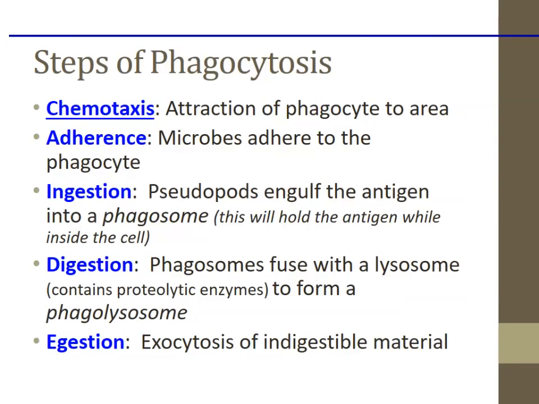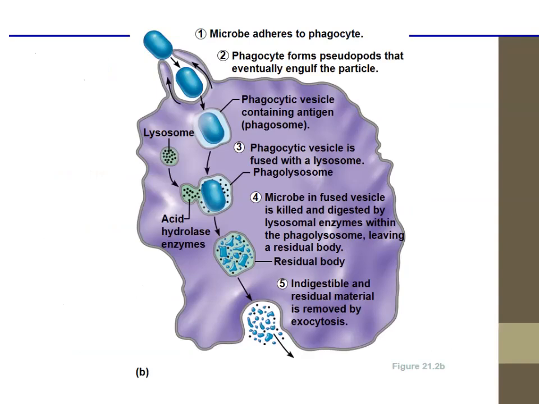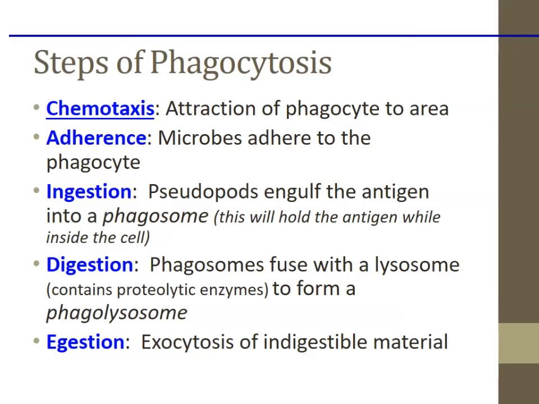There's always a chemical trail to pathogens moving around. So these macrophages are going to know that chemical trail. That's what's going to attract them. Next picture shows adherence, which means it's going to grab onto that pathogen here in the blue. It's going to engulf it, digest it, and then egestion down here. So all the steps you see here is what's going on in that picture.